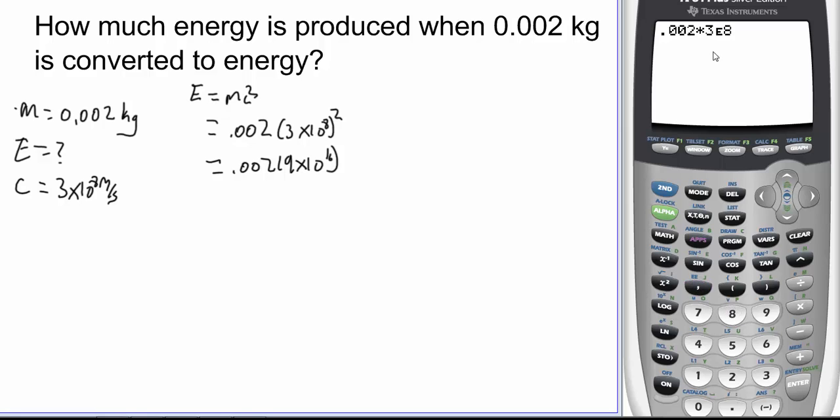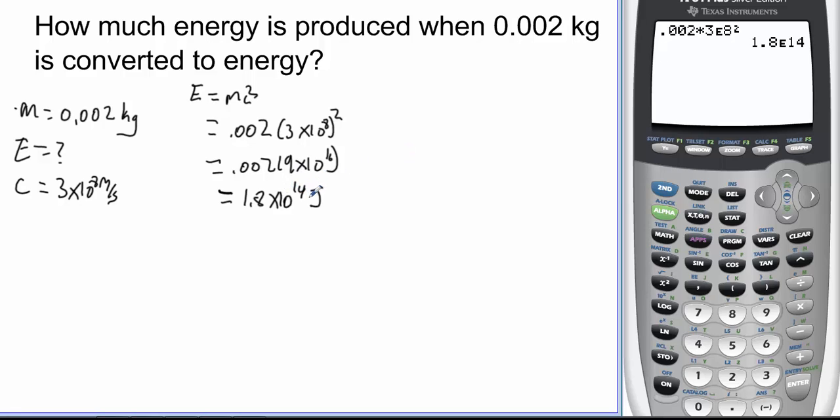So that capital E means times 10 to the 8. Don't use the lowercase e, that's not what it means. And then I have to square that, and that will get me my answer: 1.8 times 10 to the 14th joules. You never write the E, that's times 10 to the 14th.